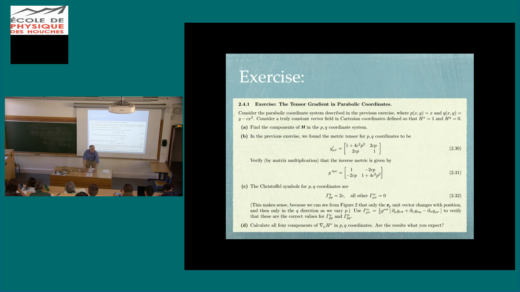So you see how this works? Exactly. It's 0, and I don't need to do any other work. I'm assured that it's going to work out that way in any coordinate system.